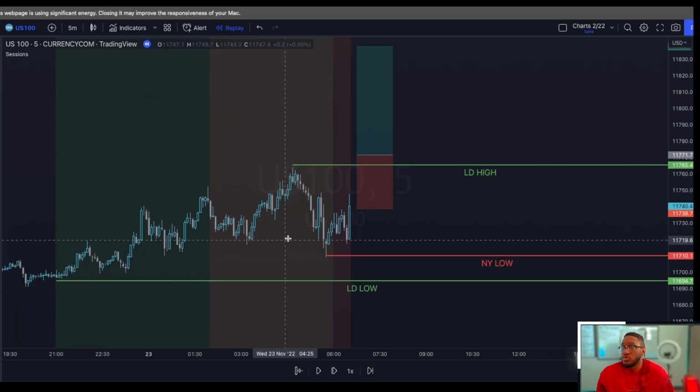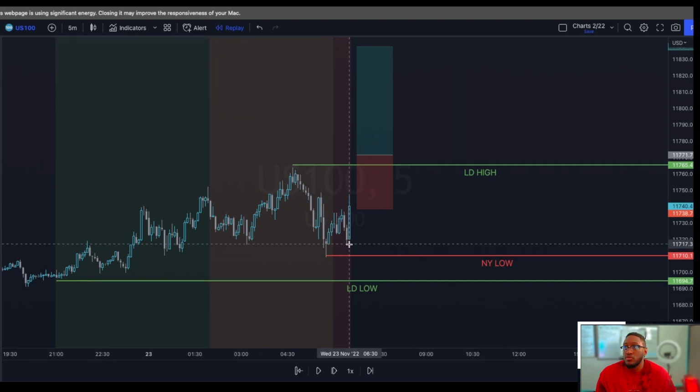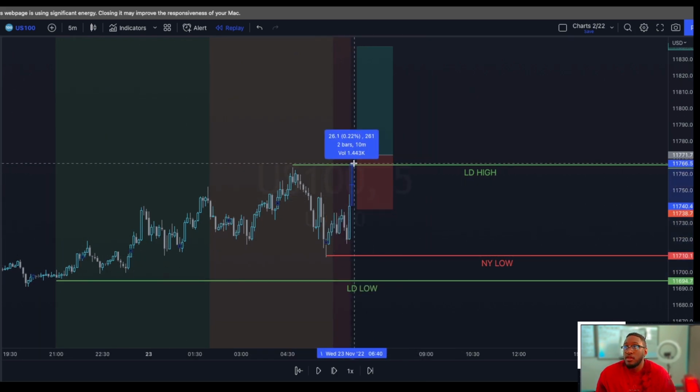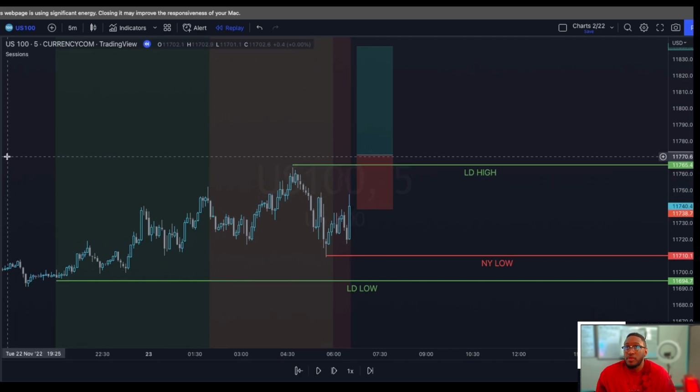What most traders will look for is breaks of the previous session highs, right? Just to look at it really quickly, from this candle to London's low, that's 44 points. From that candle to London's high is 26 points, right?